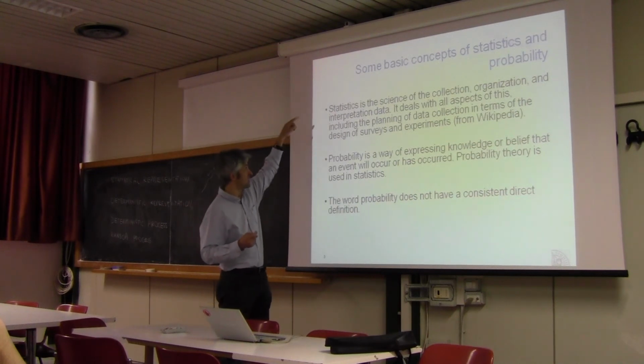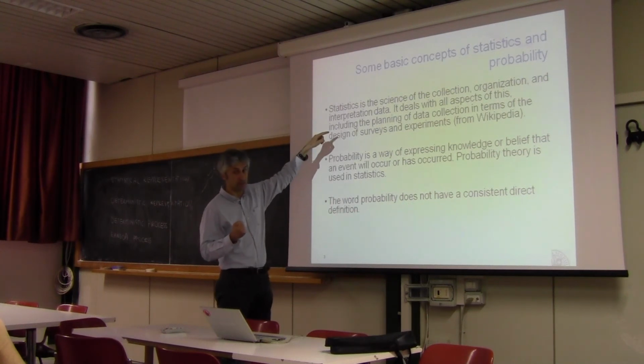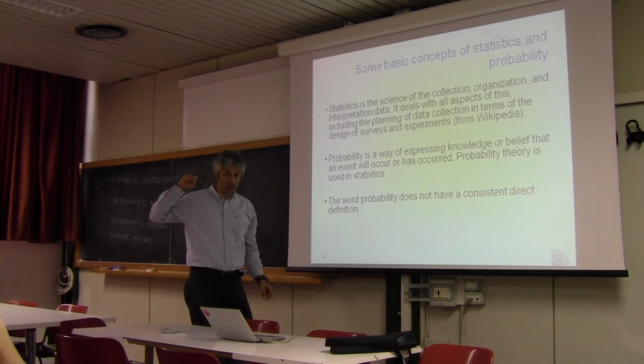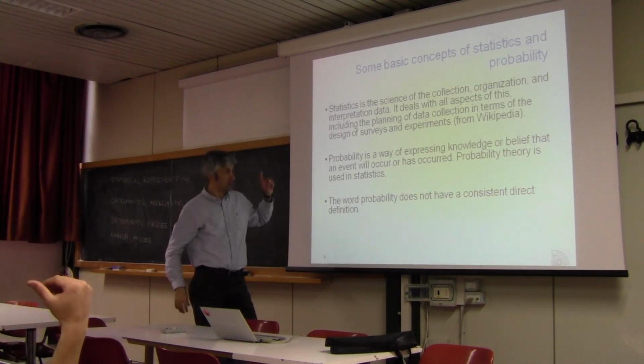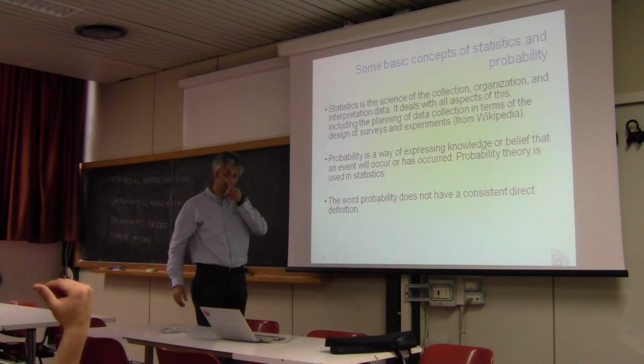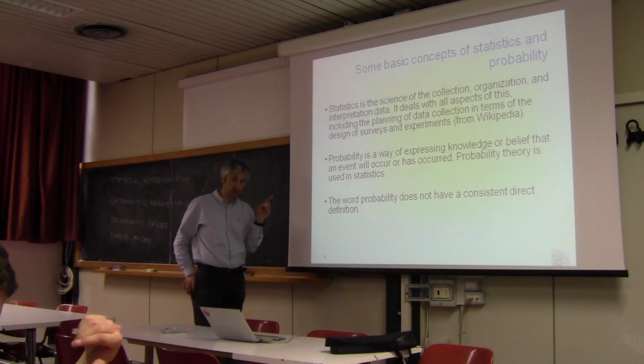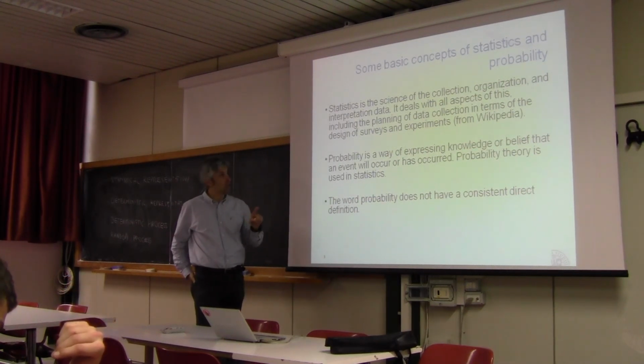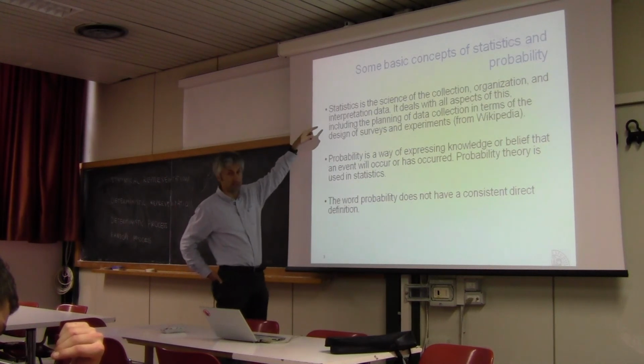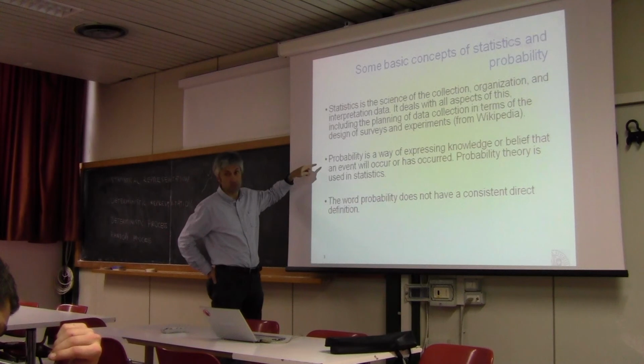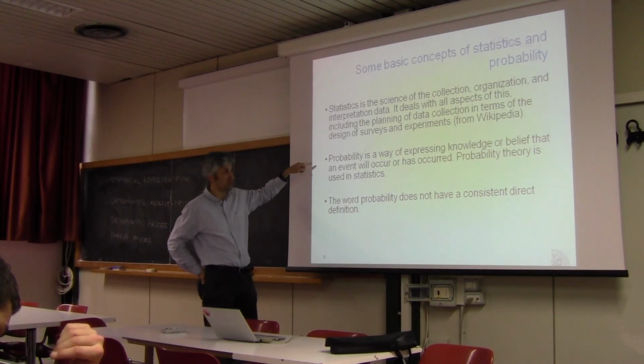Now, as I said, there is one way to get an interpretation of data, which is looking at the frequency of occurrence of data. And to look at the frequency of occurrence, in general, to get an interpretation of data, you have another science that comes into play, which is probability.